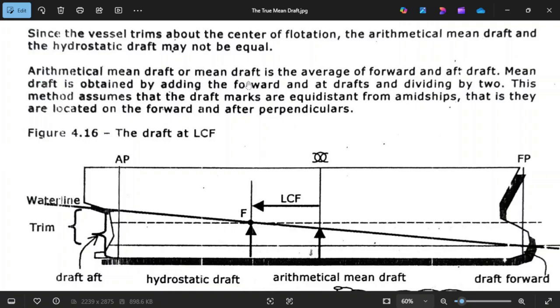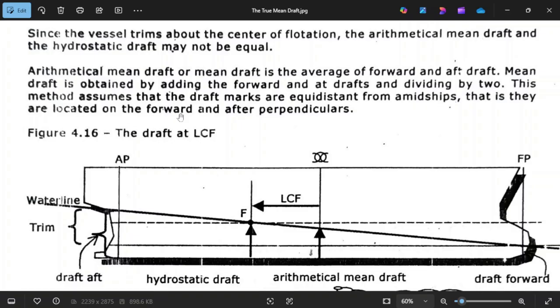Arithmetical mean drop, or mean drop, is the average of the forward and up drops. Mean drop is obtained by adding the forward and up drops and dividing by 2. Meaning you add your forward drop and up drop together, then divide by 2, and that will be your mean drop.